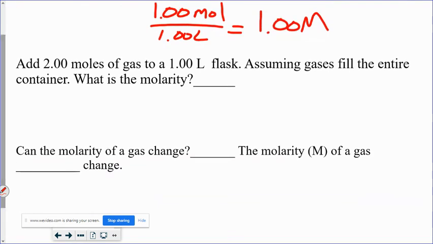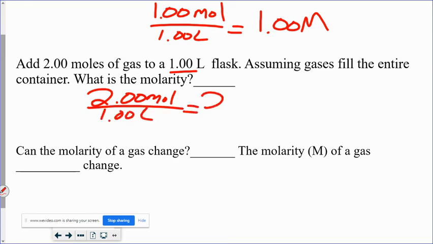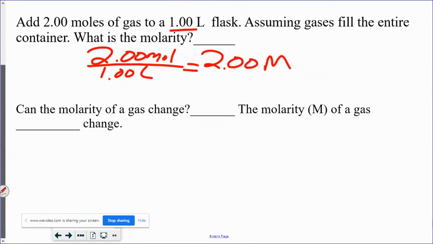Now if I do 2 moles of gas in a 1 liter flask, so 2.00 moles in a 1.00 liter flask, now I get a molarity of 2.00 molar gas. And we can notice real quickly that gases, the molarities can change. So can the molarity of a gas change? Yes. The molarity of a gas can change.